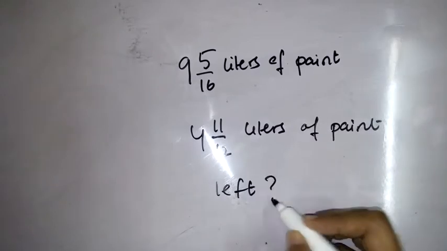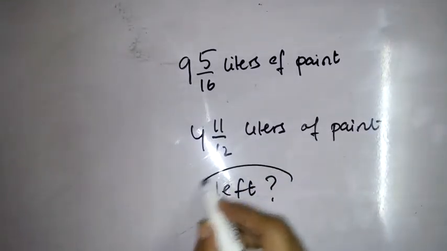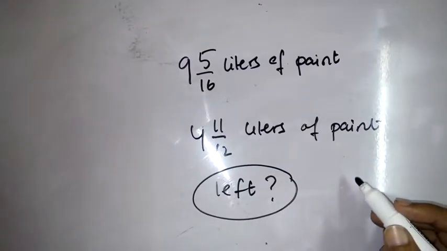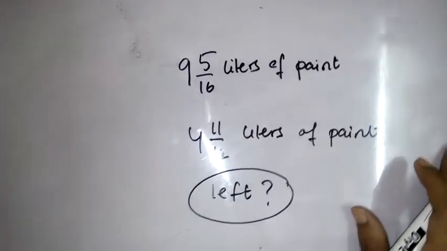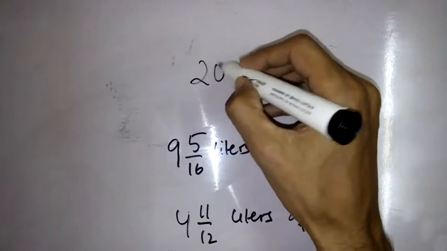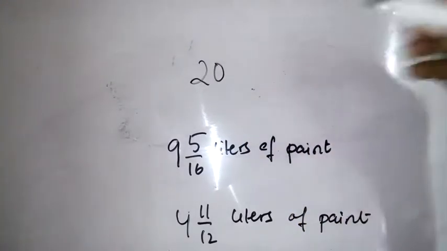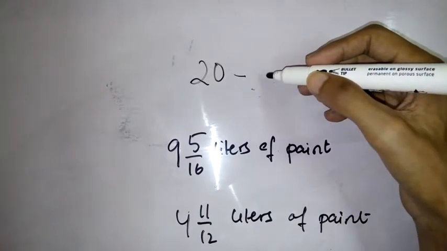Right? Now there's certain words in maths that you need to understand. Whenever we use the word left, what does it mean? What should we do? Minus, exactly. So if I say that Talha has 20 sweets and he gives 10 sweets to Moyuddin, how many sweets has he left?